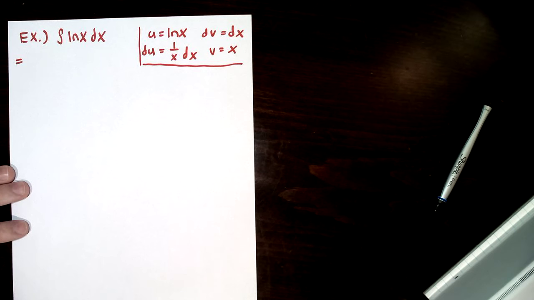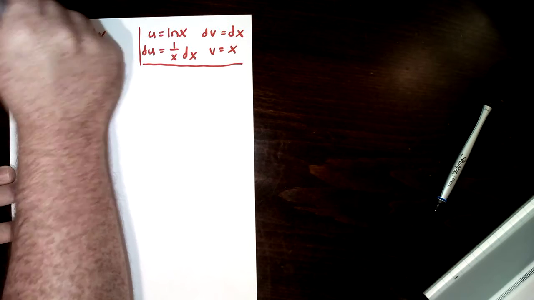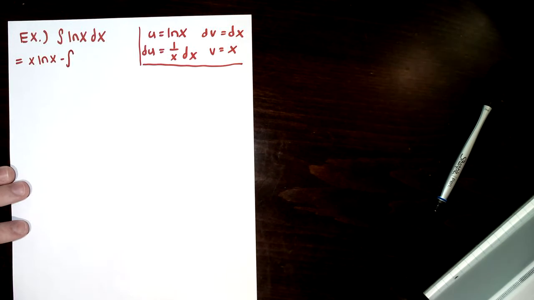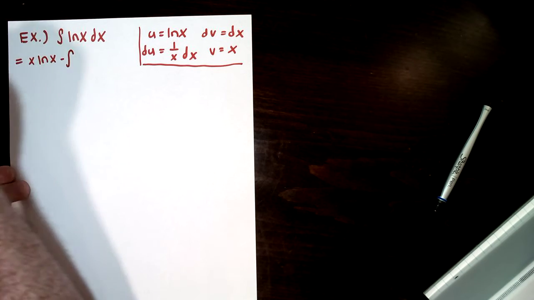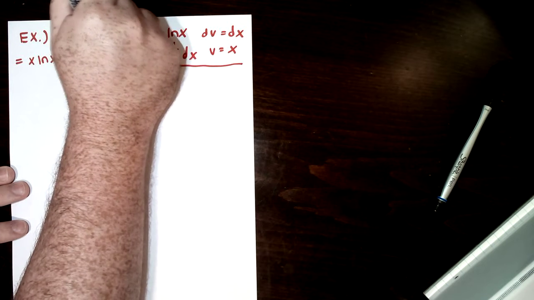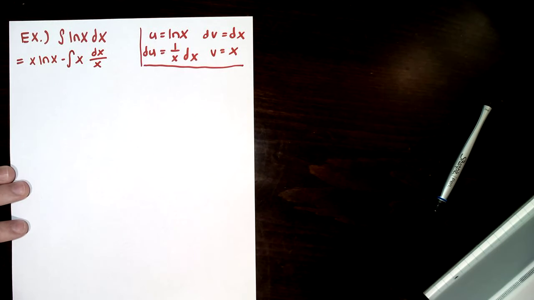So uv will be equal to x log x minus the integral of v du, which is simply x times dx over x. Notice that the x's cancel each other out.